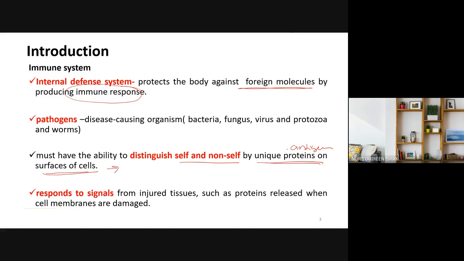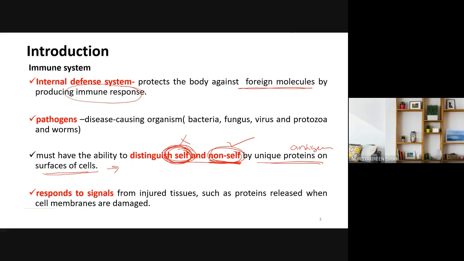Okay, so this is what we call it as non-self antigen. Non-self. Your body supposed to attack this one. Non-self antigen. Your immune cell cannot attack self antigen. So non-self dia nak attack, self tak boleh attack. So kalau your immune cell attack your self antigen, it could lead to autoimmune disease.